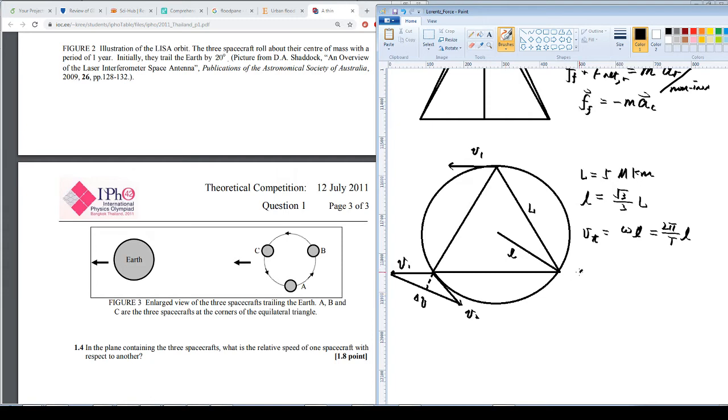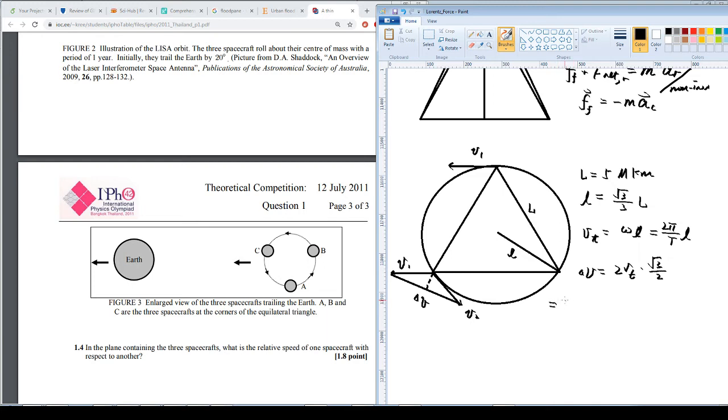So again, that delta V is just twice Vt times root 3 over 2. That's the relative speed between them.